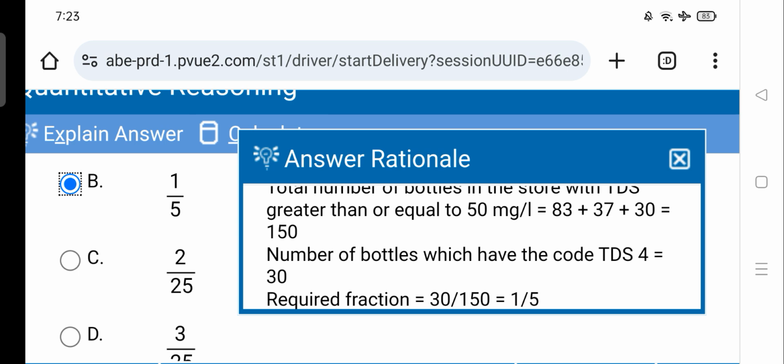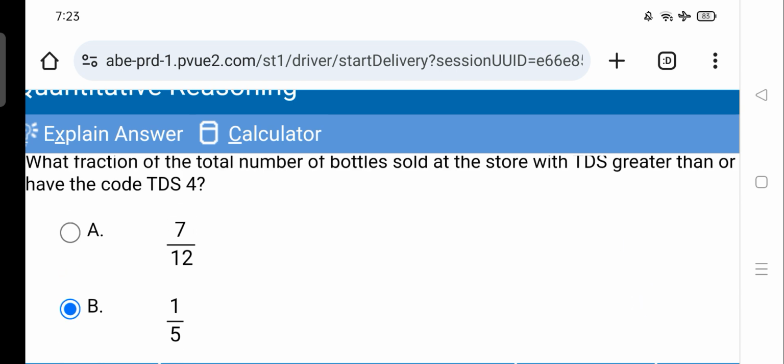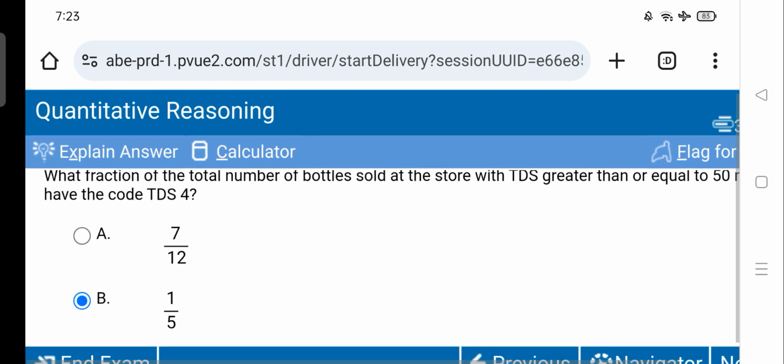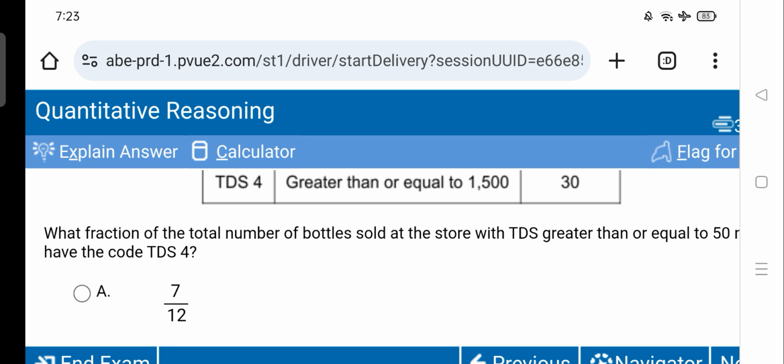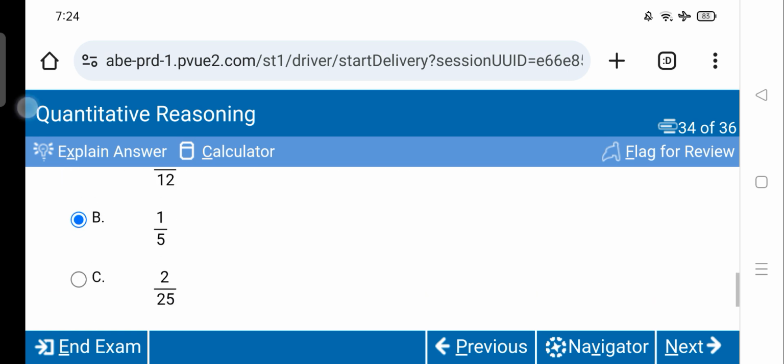So the required fraction equals 30 divided by 150 equals 1 by 5. That's how we can say the correct option is option B, which is 1/5, the fraction of the total number of bottles sold at the store with TDS greater than or equal to 50 milligram per liter that have the code TDS 4.